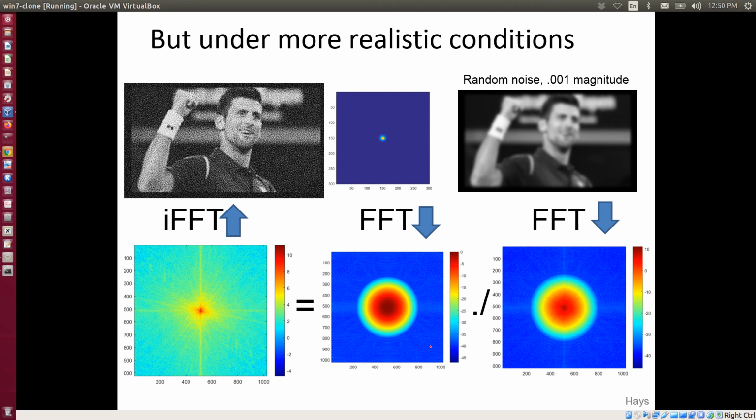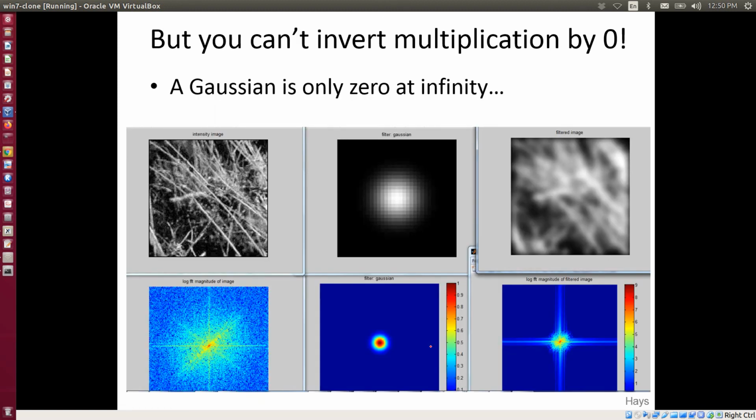So this gives examples: after I do the convolution, if I have noise and I'm trying to get it back, I can get pretty noisy results after deconvolution.